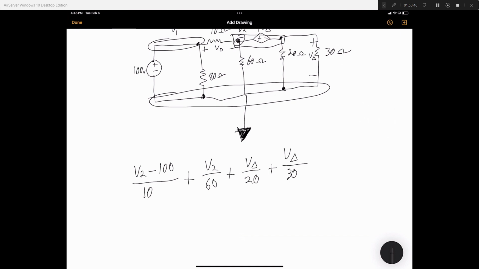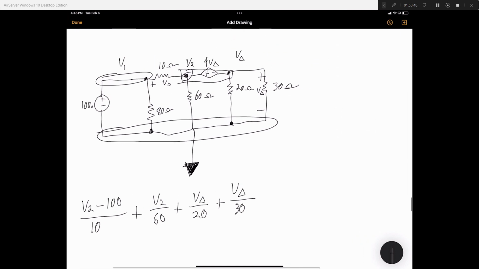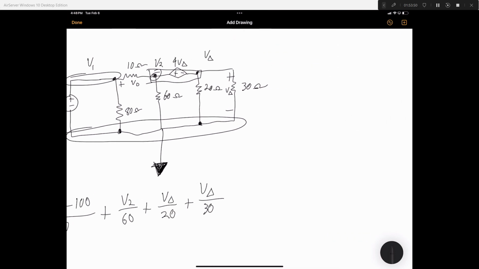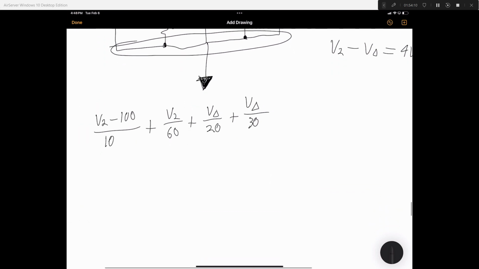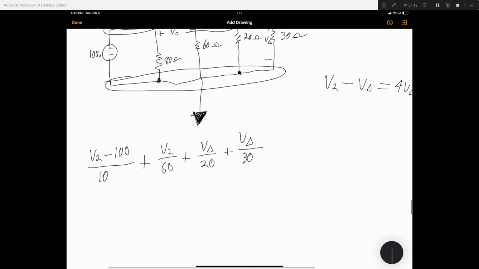Now we also need to do the one for the supernode. So we have V2 minus V delta is equal to 4 V delta. Now let's simplify further.